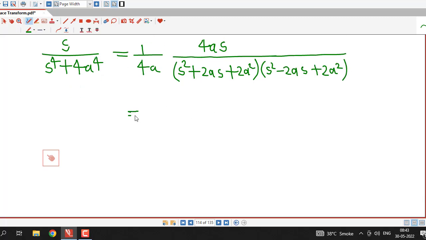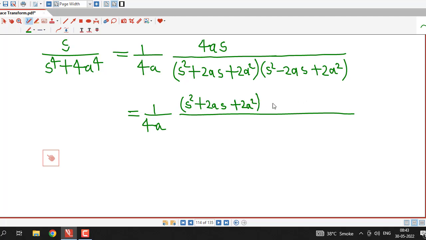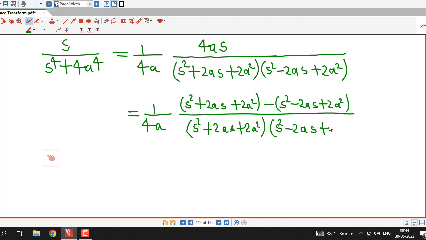And now we replace 4as by the difference of these two factors. We have seen that the difference of these two quadratic factors is 4as. So we replace 4as by the difference of these two quadratic factors. Here we write s square plus 2as plus 2a square times s square minus 2as plus 2a square, and this is equal to 1 divided by 4a.